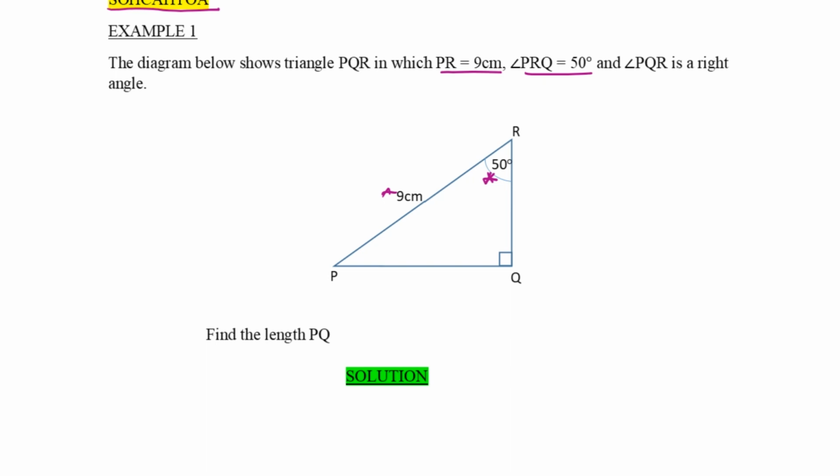And the angle PQR is a right angle. So PQR, this angle here, is a right angle. And when we say right angle, we are just saying it's 90 degrees. We are not going to tell you to say it's 90 degrees there, but you should know when you come across the word right angle, it means 90 degrees.